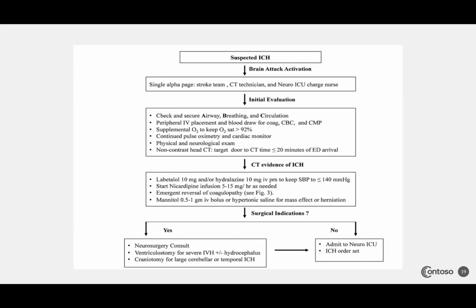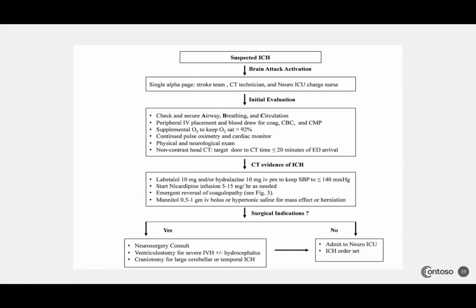So in the initial evaluation, if you are evaluating any patient suspected of having a stroke code, either ischemic or hemorrhagic, and you see the blood pressure is sky high, more than 220, and this patient is coming within the window, never mind whether it is ischemic or hemorrhagic stroke, you have to drop the blood pressure.